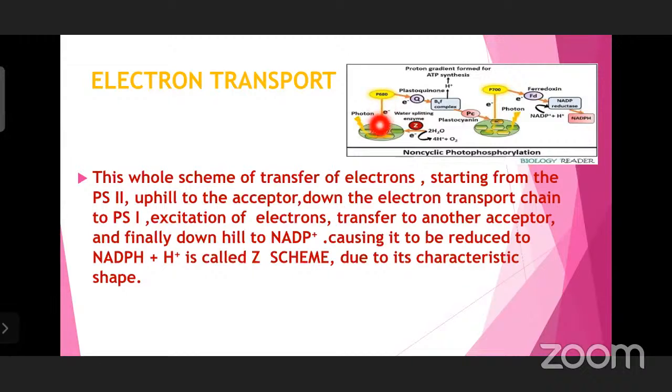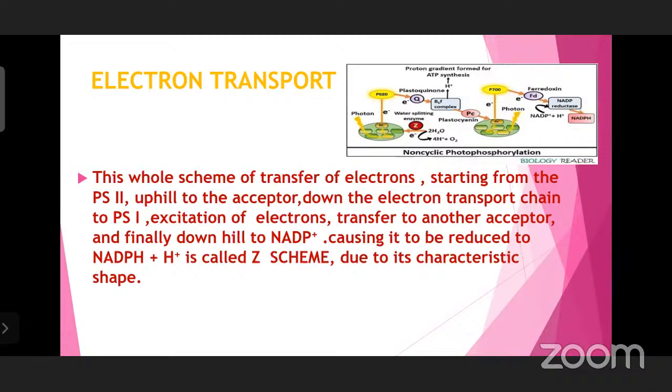As you can see here, the electrons from here are going to the primary electron acceptor. The electron transport system is done and it is reaching the PS1. And from here also PS1's electron is getting excited and jumping, and it is taken by the primary electron acceptor and given to ferredoxin and finally to the NADPH.